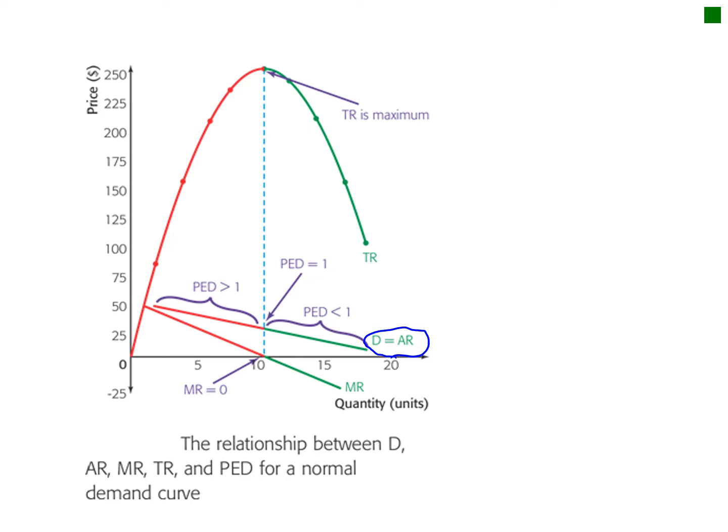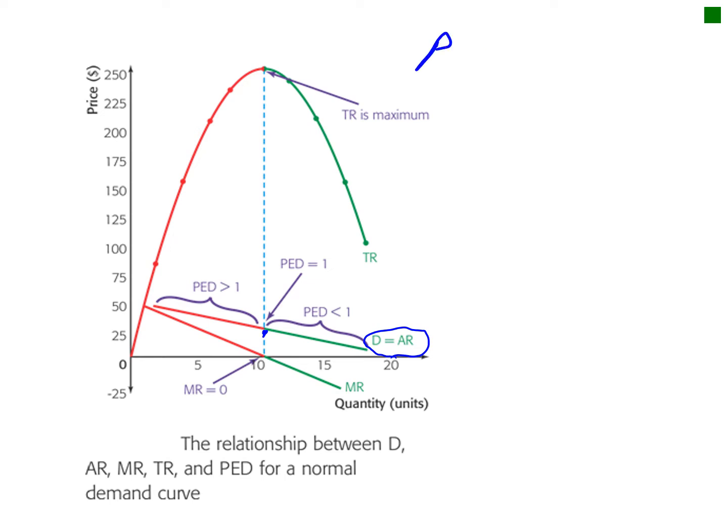And if you cast your mind back to when we looked at price elasticity of demand, if you have a straight line demand curve, smack in the middle, it will be unit elastic, so PED equals 1. As you move further and further up the curve, it becomes more and more elastic, and as you move down the curve, it becomes more and more inelastic. Now, this is a bit of a misnomer, the price being up here. If this is the total revenue curve, you could actually think of this being total revenue as opposed to price.